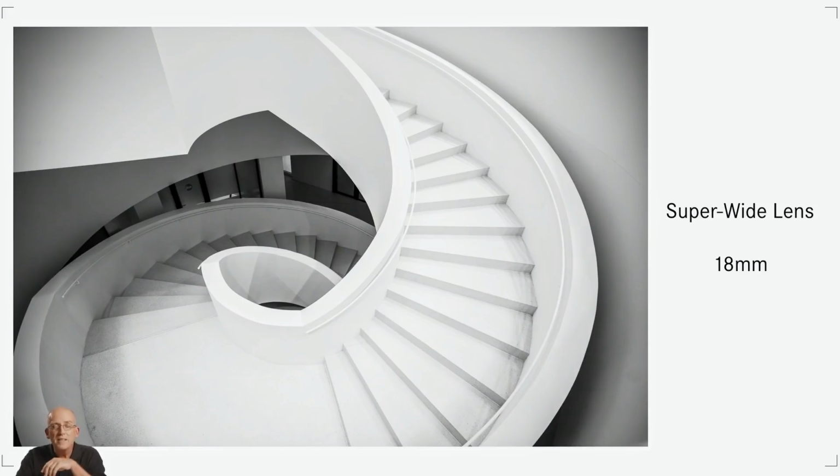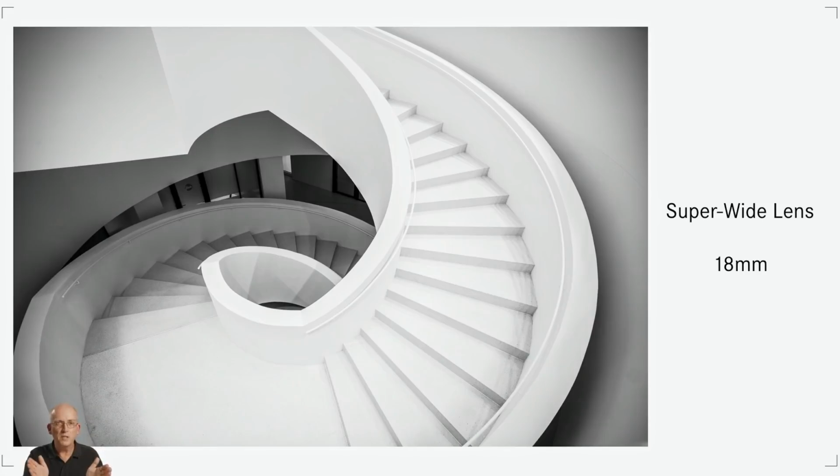The thing about super wides is they work in really confined spaces. They're great inside, and you get a really interesting perspective, which we will talk about in a sec. You can include a lot of subject, and if you use them correctly, you don't get what people would call distortion. You get an exaggeration of perspective because it's taking, well, it's about 90 degrees.